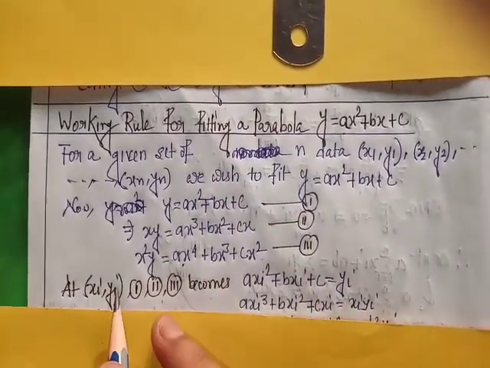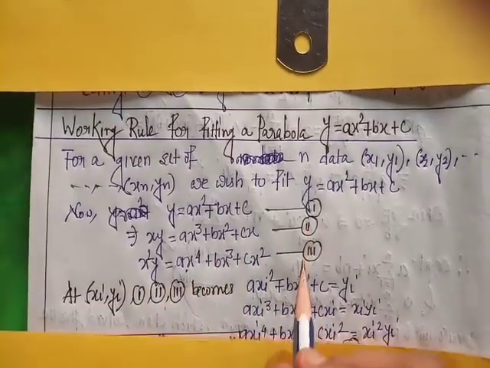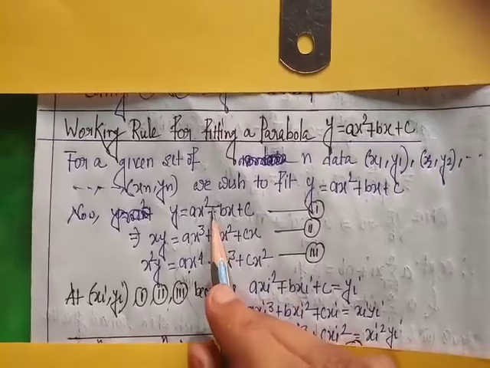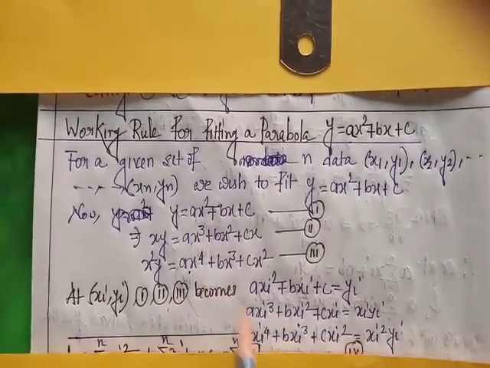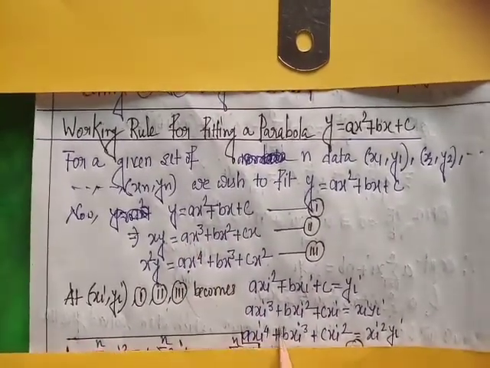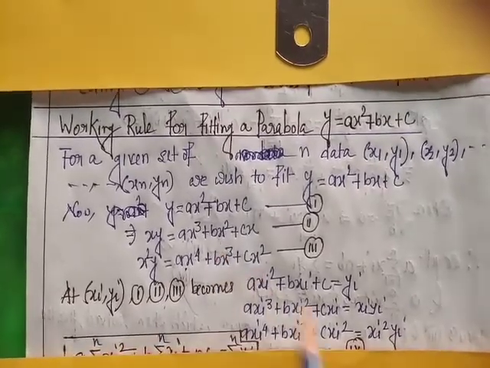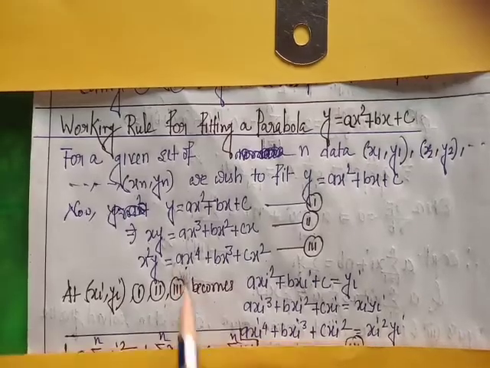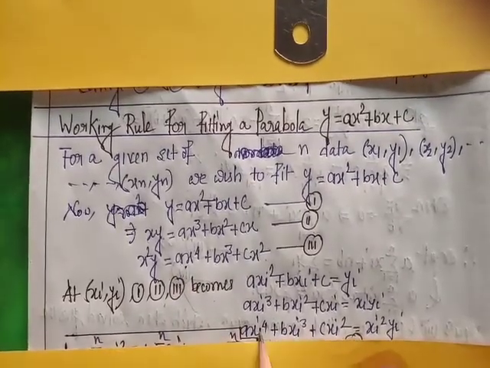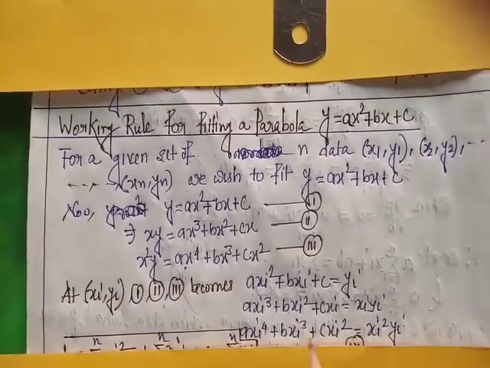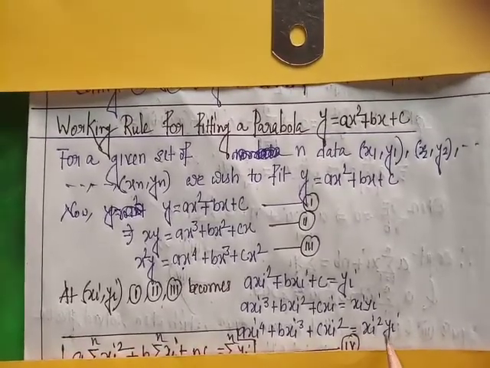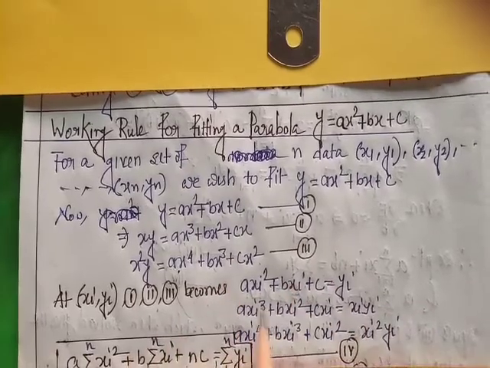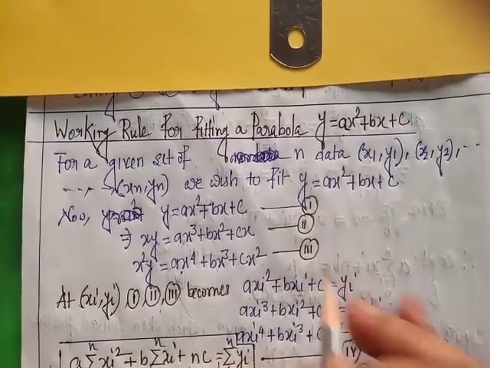At (xi, yi), the first equation becomes a xi² + b xi + c = yi. This becomes a xi³ + b xi² + c xi = xi yi. And this becomes a xi⁴ + b xi³ + c xi² = xi² yi.